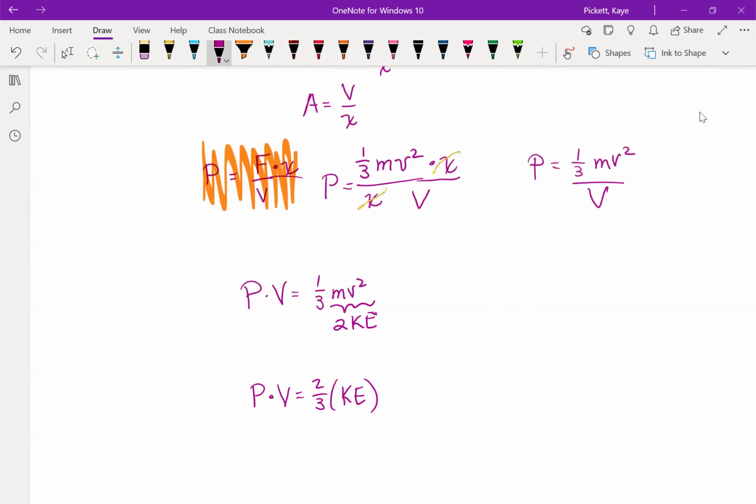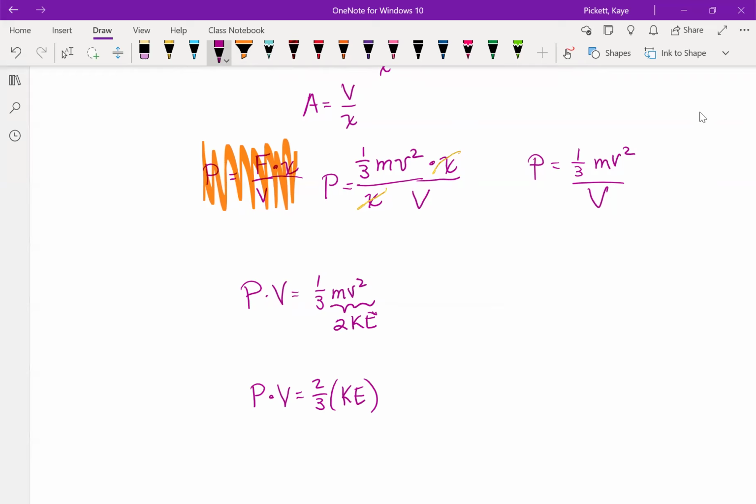Can I measure the volume of a vessel? Why, yes, I most certainly can. Can I measure the pressure? Yep, it's pretty easy to measure pressure. We've got pressure gauges, we have barometers. The problem here: pressure times volume is equal to energy.